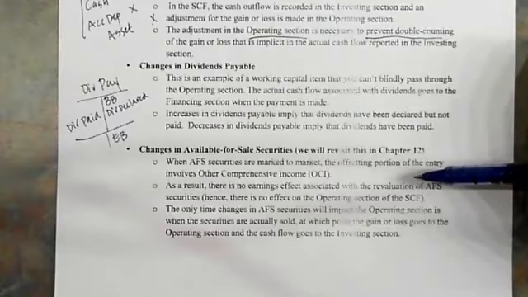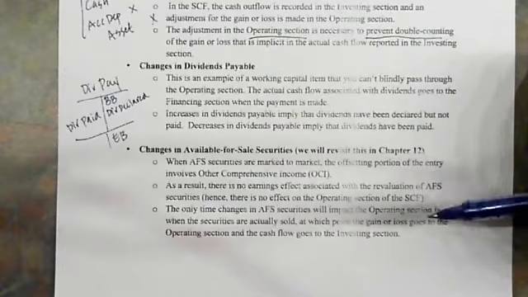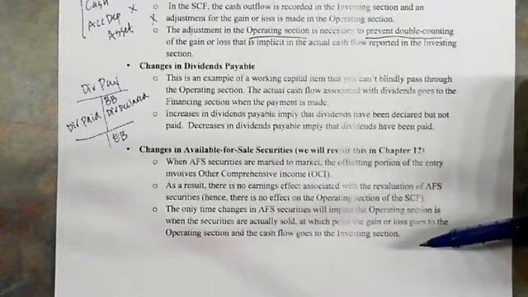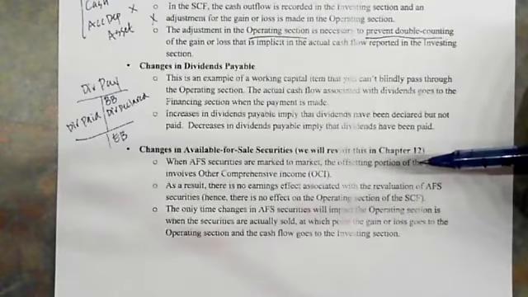Changes in available for sale securities, we will revisit in Chapter 12. The interesting thing about these is that if we have an unrealized holding gain or loss, their value will increase on the balance sheet or decrease on the balance sheet depending on whether it was a gain or loss in their holding value. But since we haven't sold them, this is not something that represents a cash transaction.